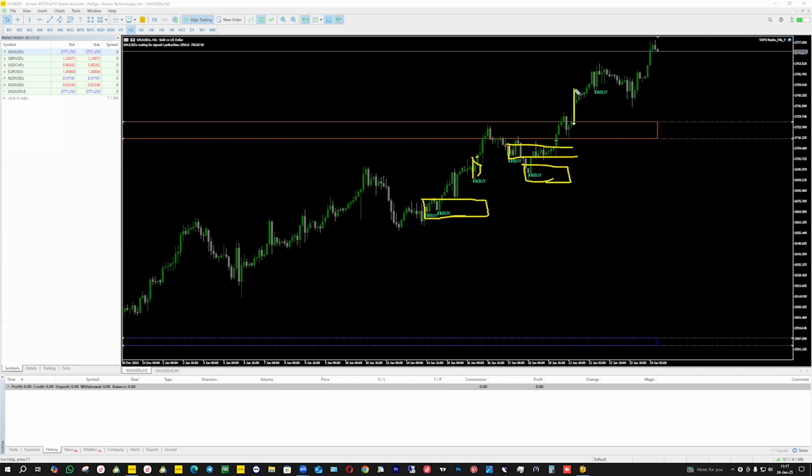Then after the breakout from this resistance, because this was resistance, as you can see even now how our indicator marks this area, after this breakout you can see we have another order block here. We have another order block at this point whereby our system tells you to buy.